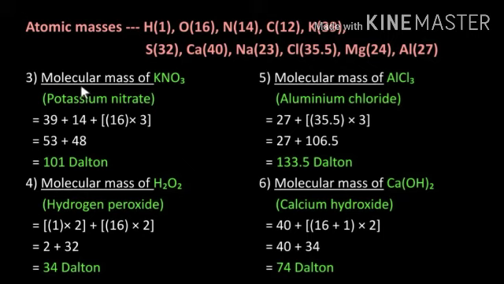Now, the molecular mass of KNO3, that is potassium nitrate. Here, the atomic mass of K, that is potassium, is 39, that is put here. Then that of nitrogen is 14, which is put here, plus O3, atomic mass of oxygen is 16, and it is for 3 times, therefore into 3.